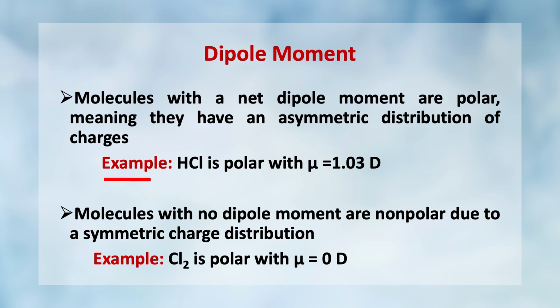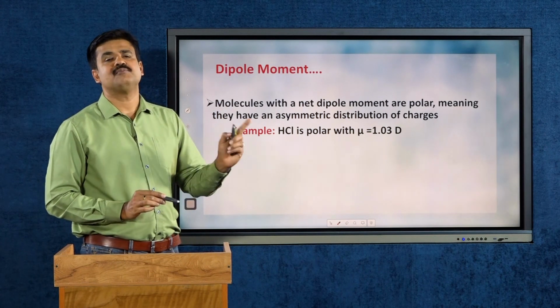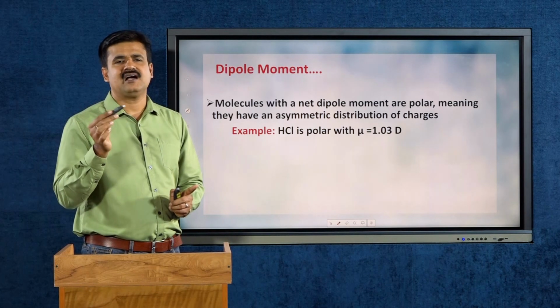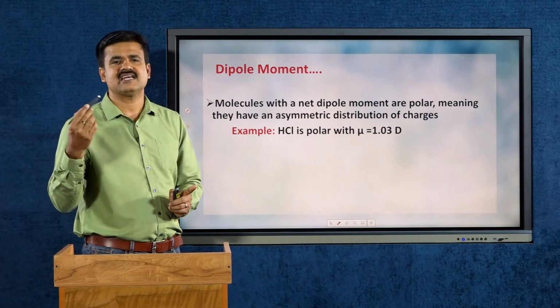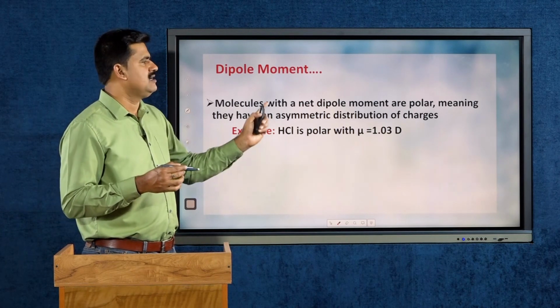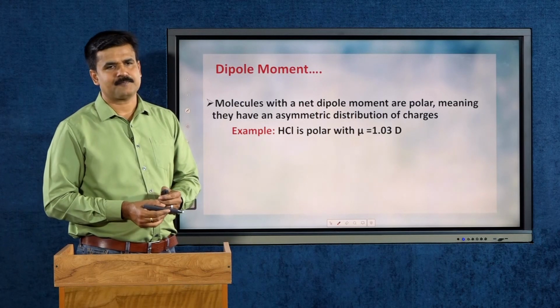For example, HCl is a polar molecule with the net dipole moment value mu is equal to 1.03 Debye. This is the observed dipole moment of the molecule HCl. The observed value may have slight variations with the temperature and other external conditions. So, this is approximately the dipole moment value of HCl, equal to 1.03 Debye.